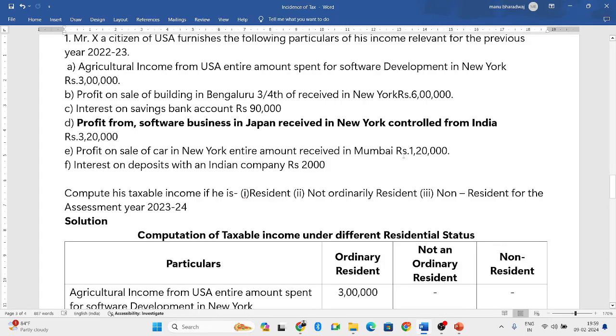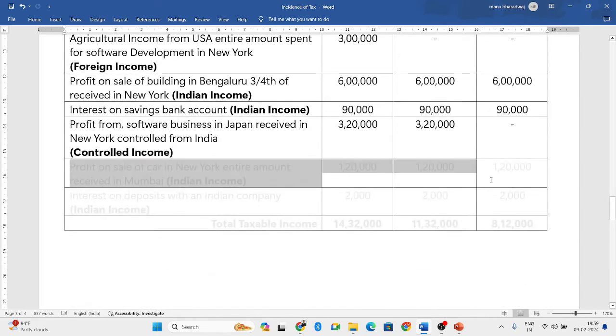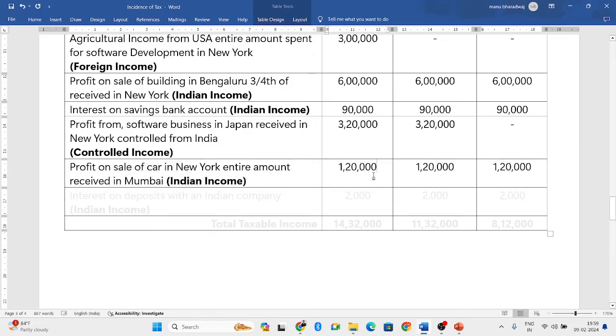If any one aspect is in India, we will consider it as Indian income. So the entire amount is received in Mumbai, which is in India. The receiving aspect is taking place in India, so we consider it as Indian income.